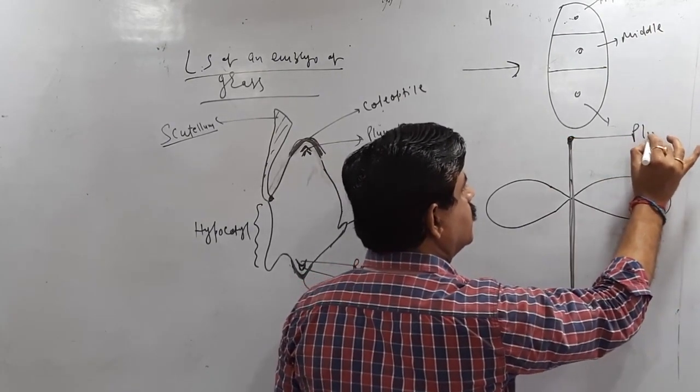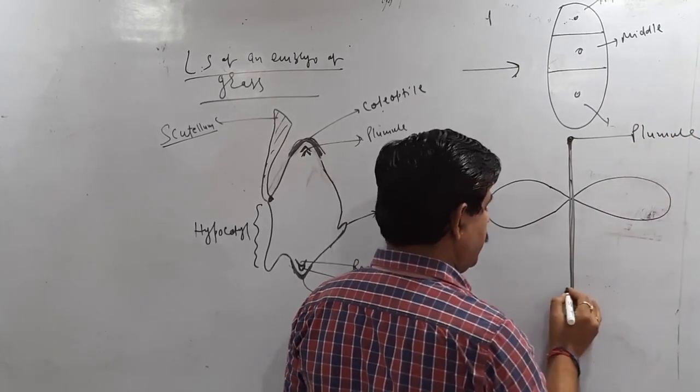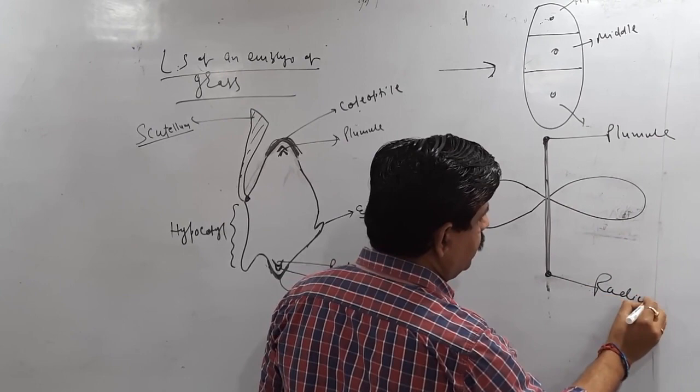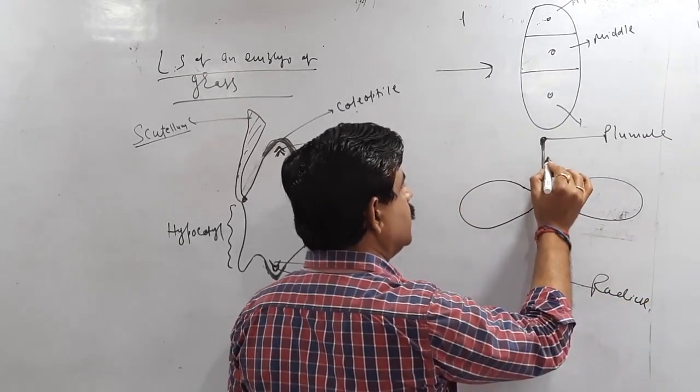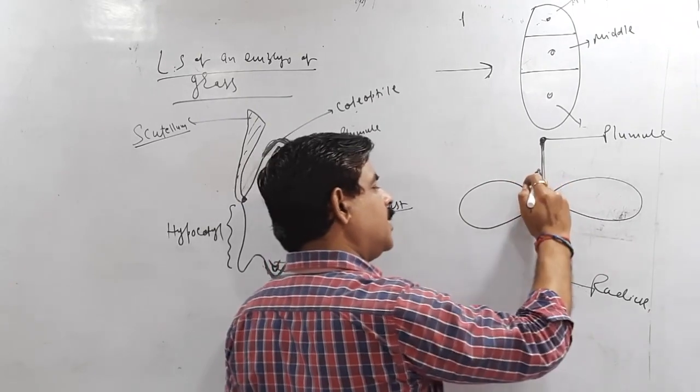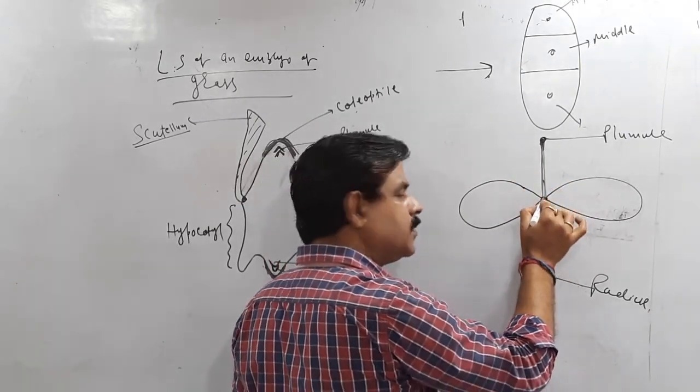This portion, plumule, and the radicle. The part above this is the cotyledonary node.